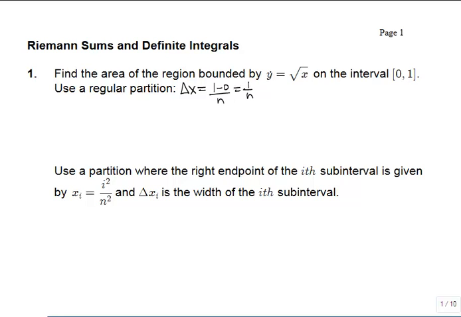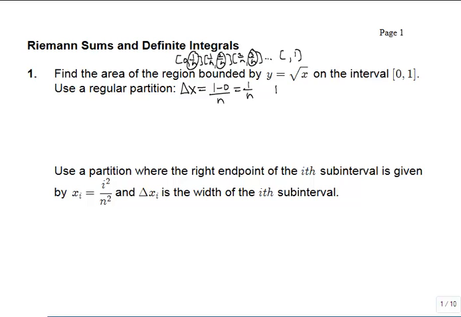And that means that our partition is going to look like from 0 to 1 over n, 1 over n to 2 over n, 2 over n to 3 over n, and so on all the way up until we hit 1. Now normally, just to make our life easier, we use right endpoints to construct the heights of our rectangles. So we would want to generate each of these right endpoints, and you can see that each one of them is just an additional 1 over n each time.